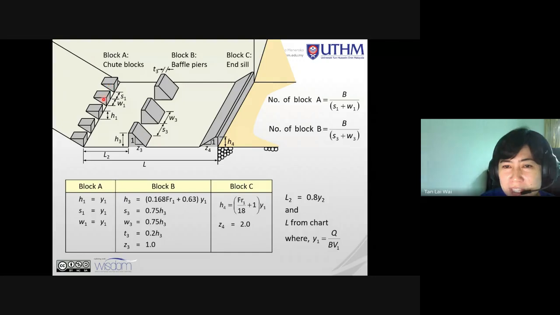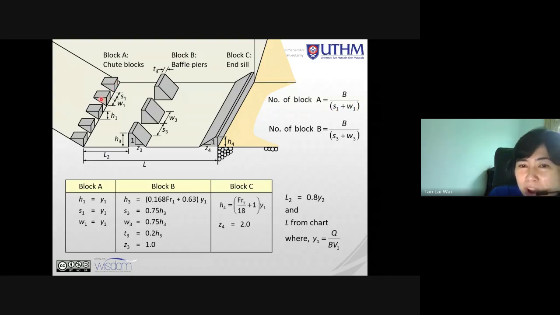Now, if you want to determine the number of blocks, of course we need the width, and we divide it by the width of one block and the space. So we would know how many block A we can put within this width of the channel. Look at this formula here. Number of blocks A would be B, the width of the spillway, divided by the space and width of one block.